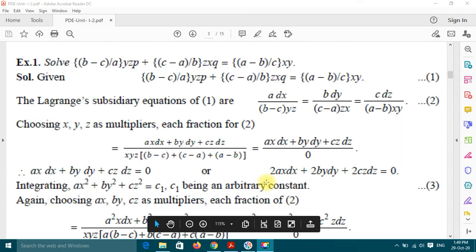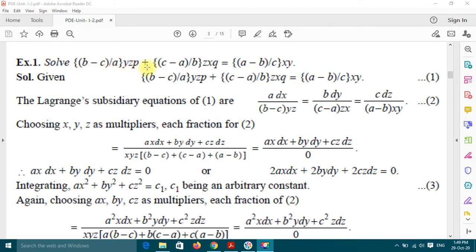Our differential equation is (b minus c) upon a times yz p plus (c minus a) upon b times zx q is equal to (a minus b) upon c times xy. Now we suppose this to be equation 1.